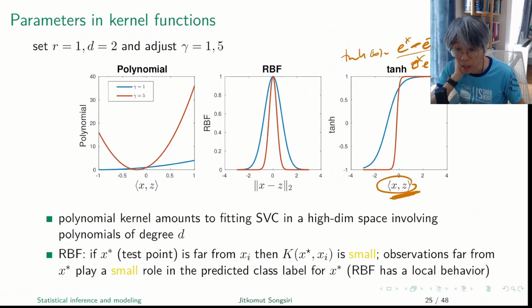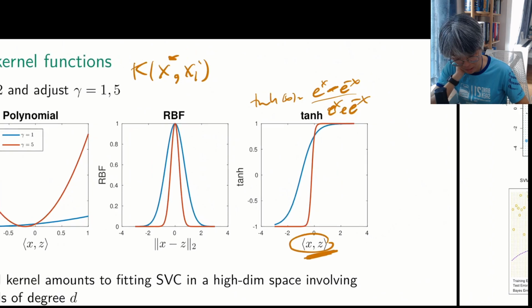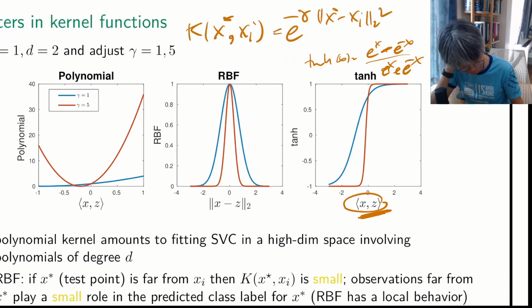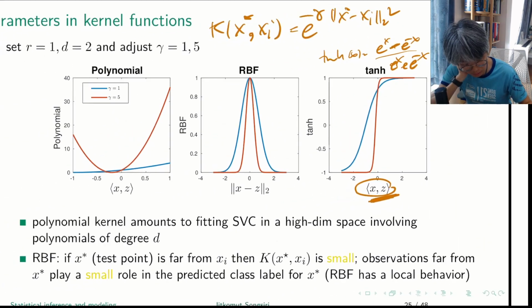So for RBF, we have some observations about the kernel function of x star and xi. It takes the form of e to the minus gamma times the distance between x star and xi.